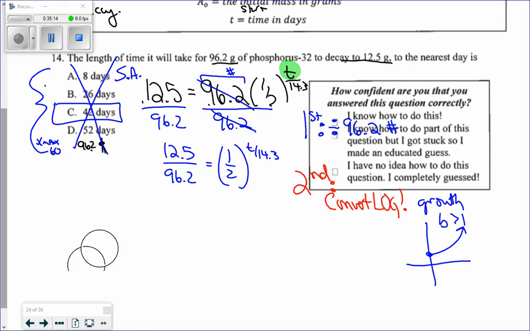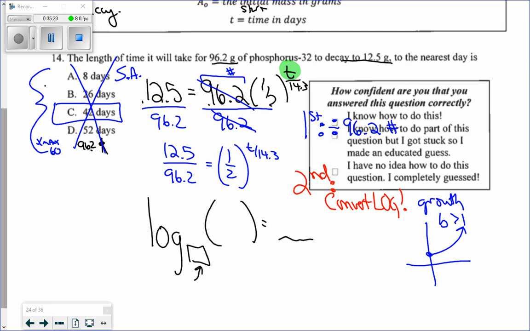When you convert to a log, there are three things: there is the base, there is the exponent, and there is the value.